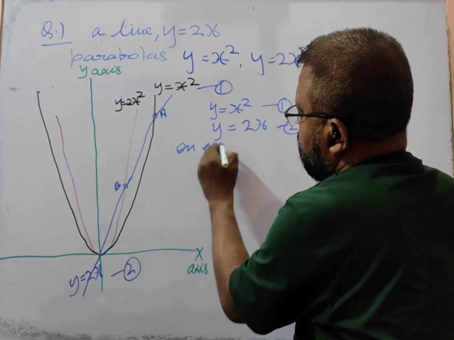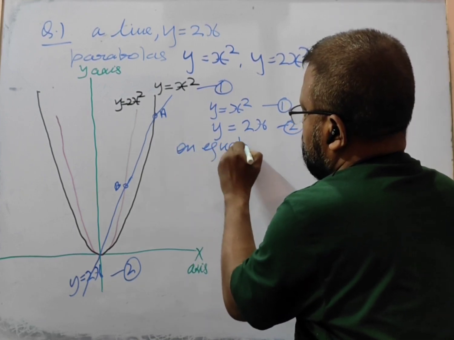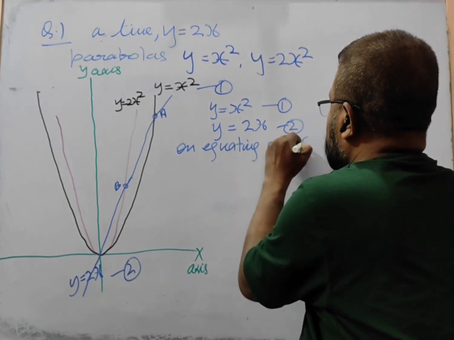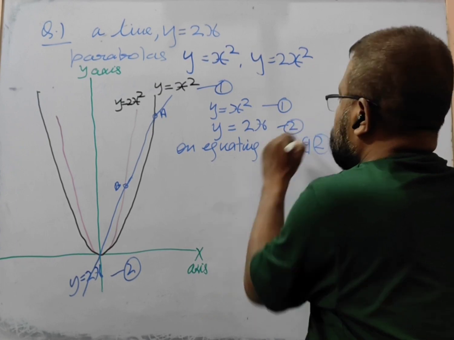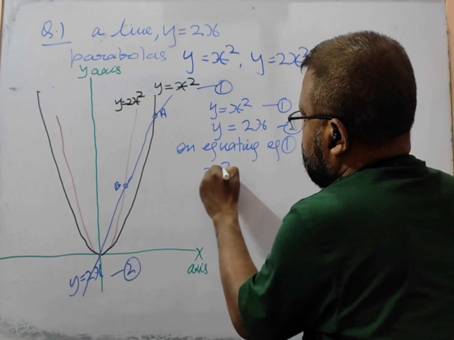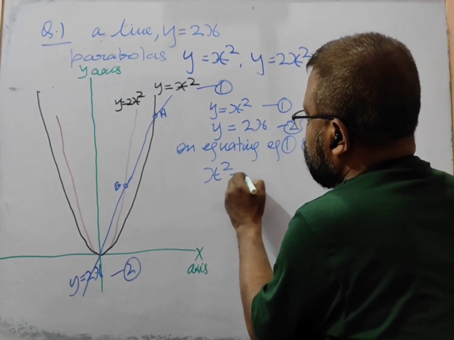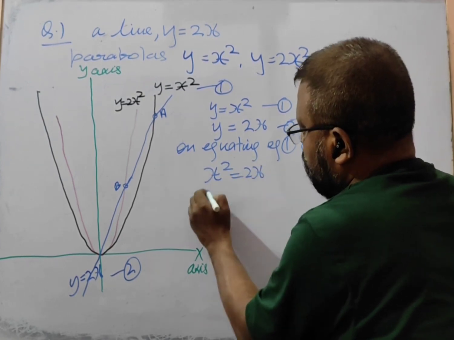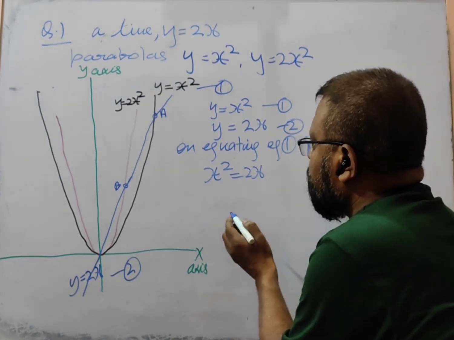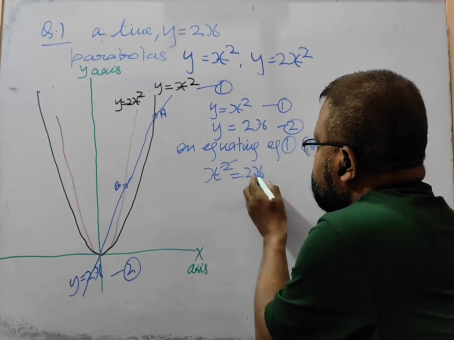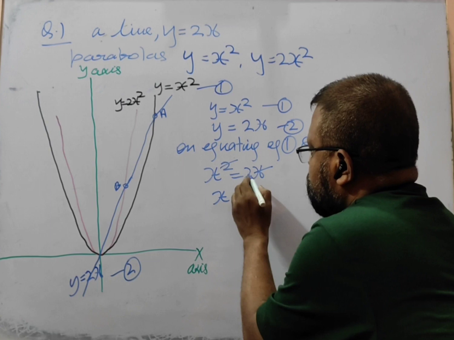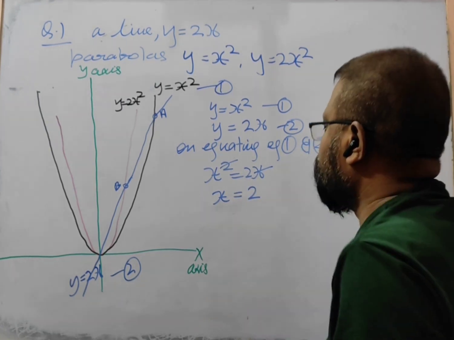On equating equation 1 and equation 2, we get x square is equal to 2x, and x is cancelled out. So x is equal to 2.